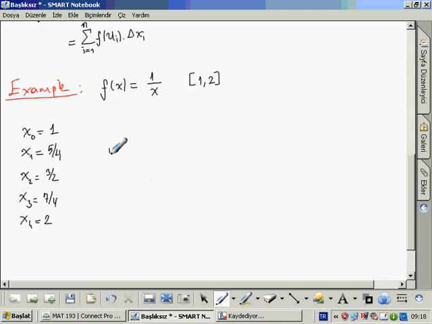And on the real line, let's show it, okay? This point is 1, and this point is 2, and this point is 3 over 2, and this point is 5 over 4, and this point is 7 over 4. Okay, now as you see, we have 4 equal intervals, okay?